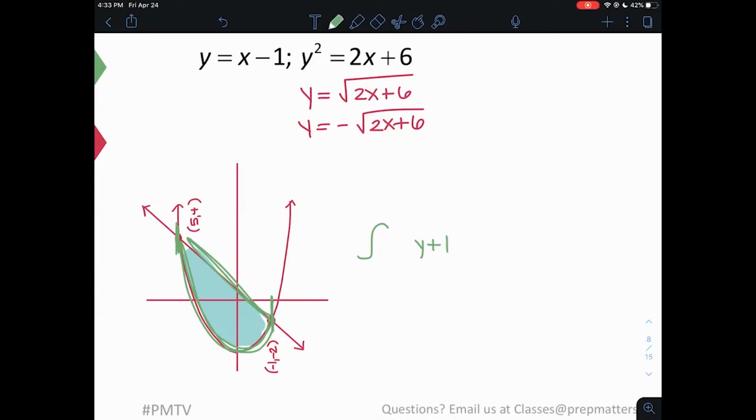When I rewrite that, if I subtract 6 and then divide by 2, x would equal 1/2 y squared minus 3. So there's upper curve minus lower curve, and I need to now integrate all of that with respect to y.